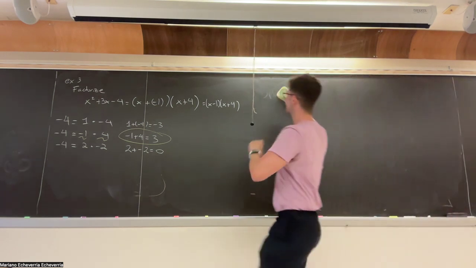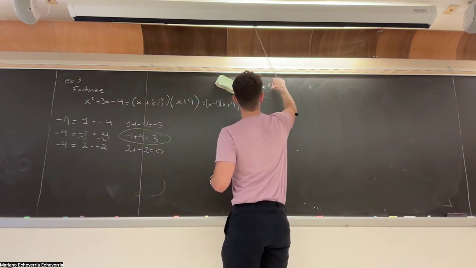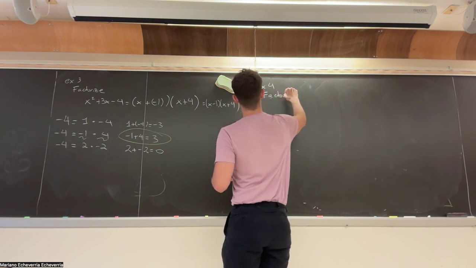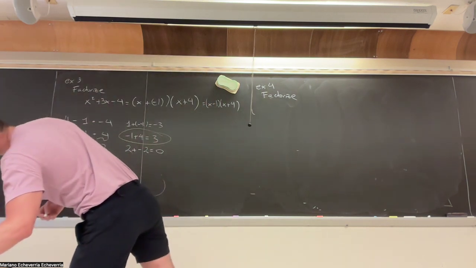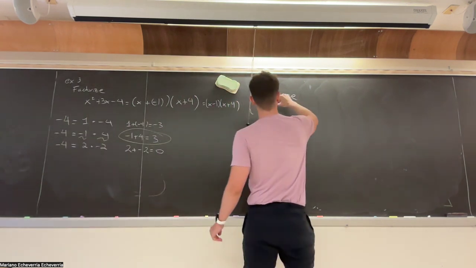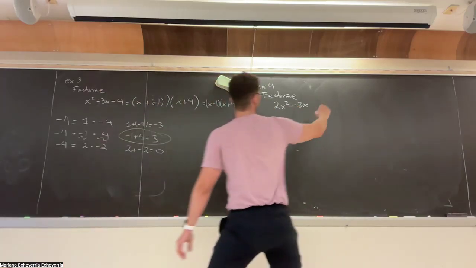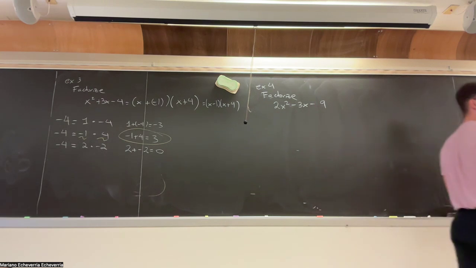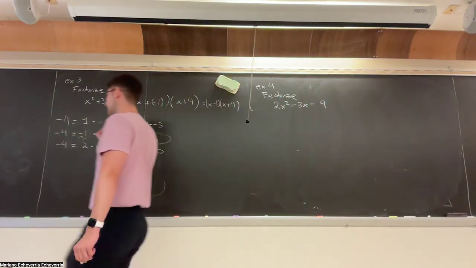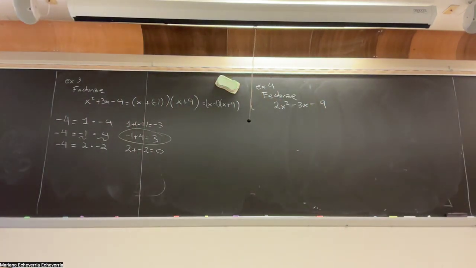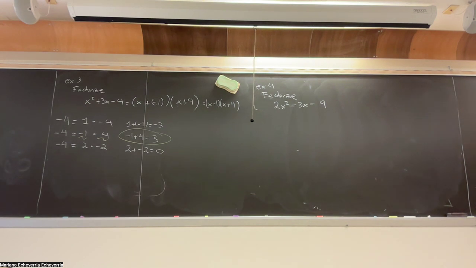So let's do this for nine. Okay. So this is, again, an interesting one, because what's interesting about this one is that this coefficient is no longer one in front of x one.